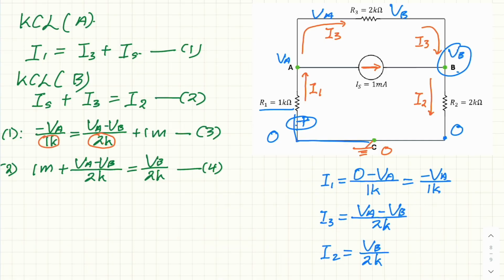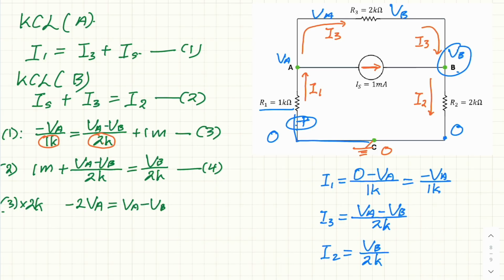Now again, we look at the denominator. In equation 3, the denominator is 2K and this is 1K. So to simplify the equation, we will say 3 multiply 2K. So we have minus 2 VA equal to VA minus VB.